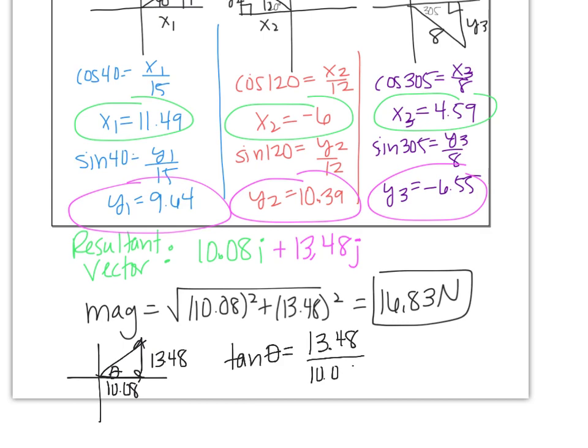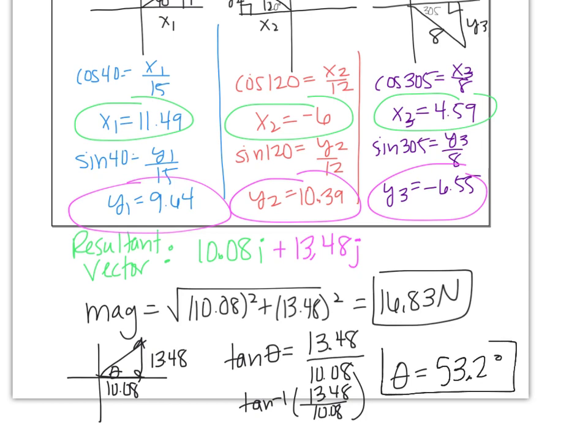It's y over x, just like slope, if you want to think of it that way. So then I'm doing tan -1 of 13.48 over 10.08 on my calculator to figure out what the angle is, which is just theta. And you get 53.2 degrees.